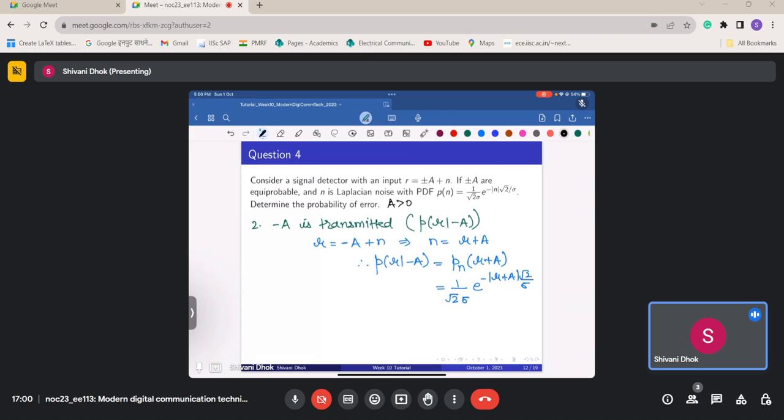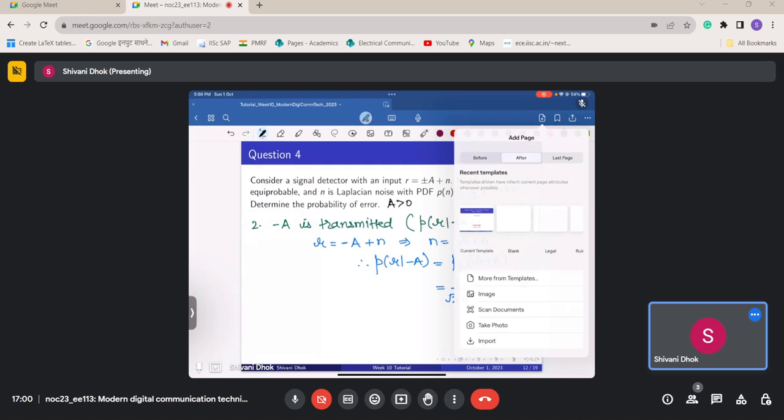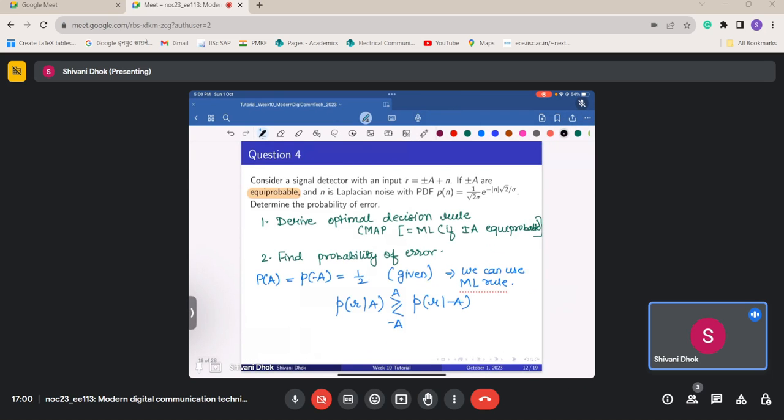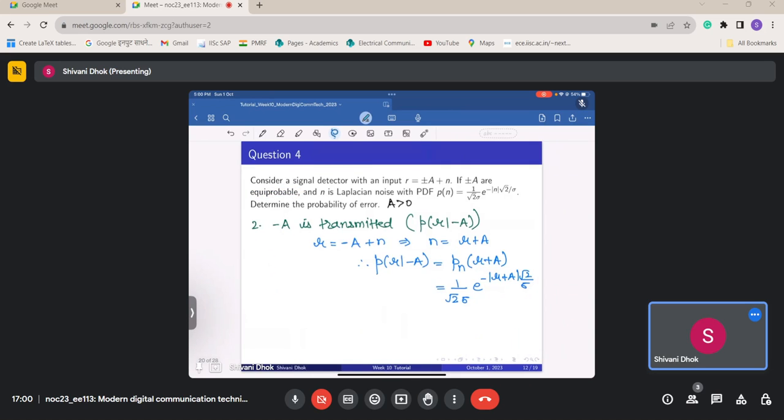So now let us plug what we are having into our ML rule. Let me take this maximum likelihood here.